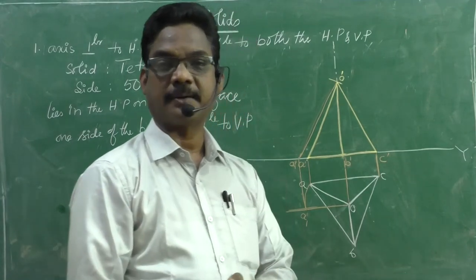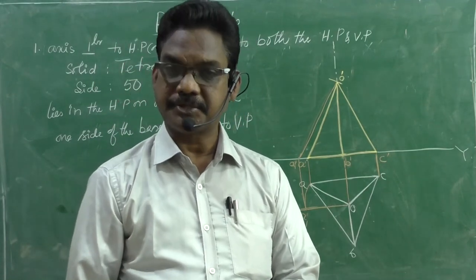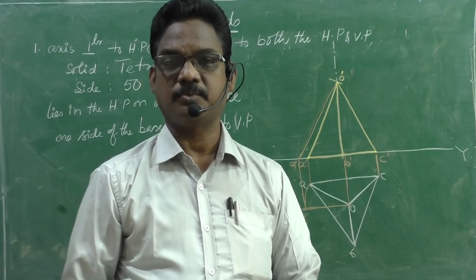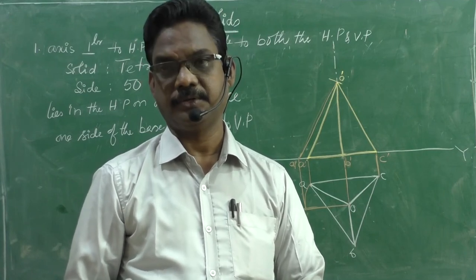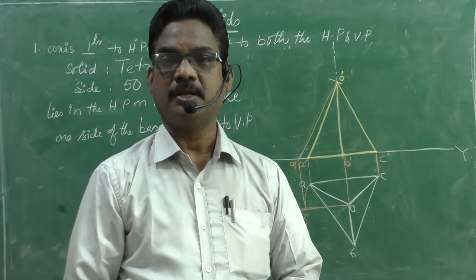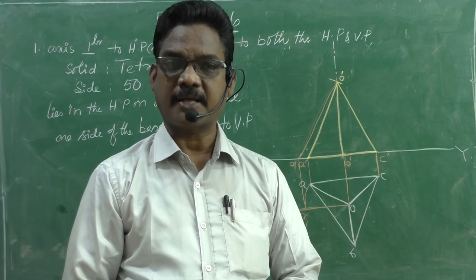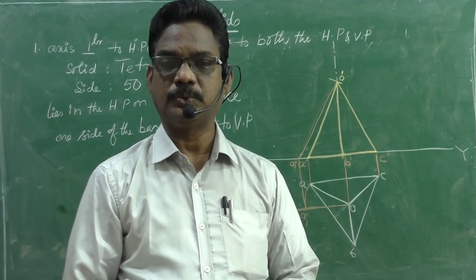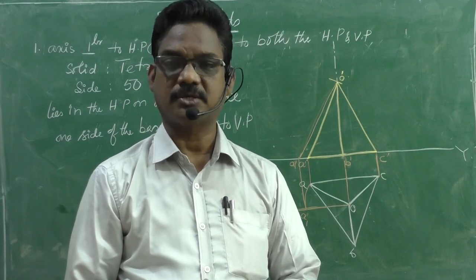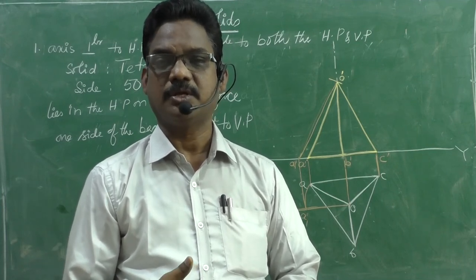Axis is perpendicular to either HP or VP. Axis parallel to both HP and VP. And from these drawings, we need to remember, when the axis is perpendicular to HP, that face of the solid is parallel to HP.